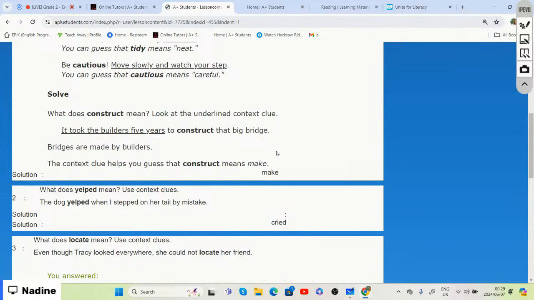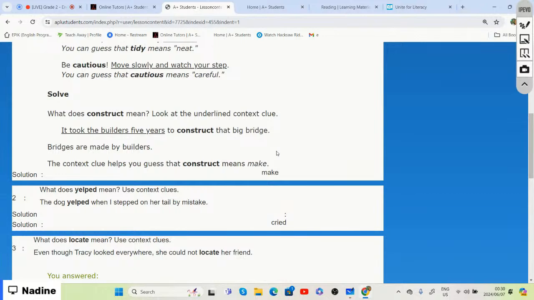All right. So if we say, for example, you step on a dog's tail, it says the dog yelped when I stepped on her tail by mistake. So whether it is a mistake or intentional, whenever you step on the dog's tail or paw, the dog will basically jump up and cry, and that is the sound that it makes.